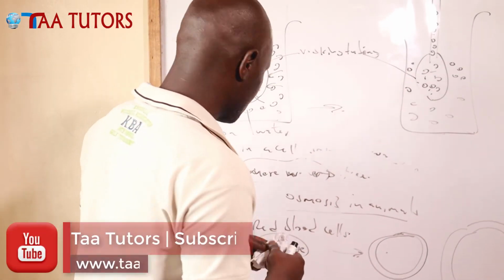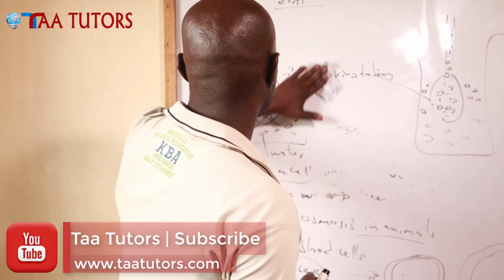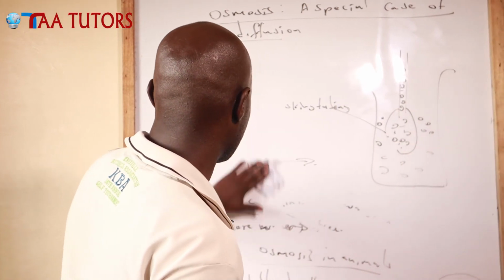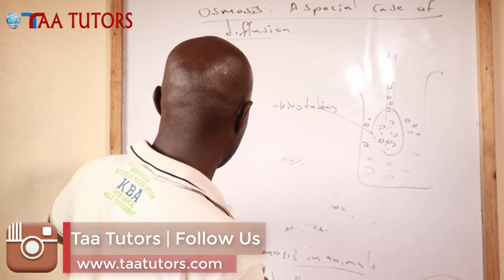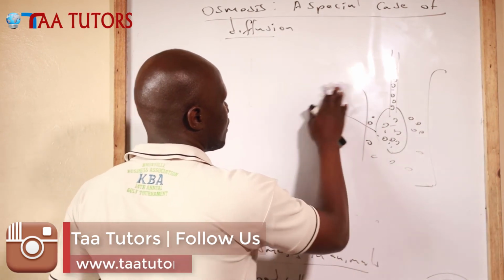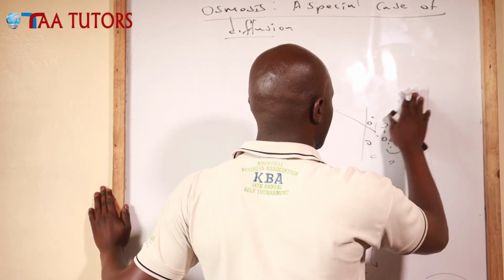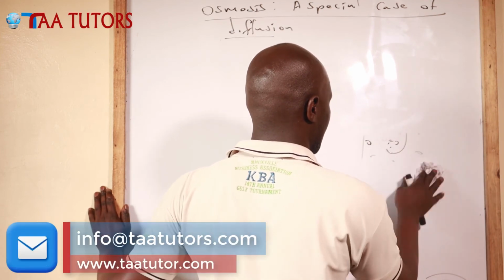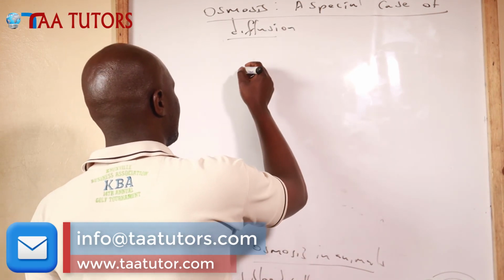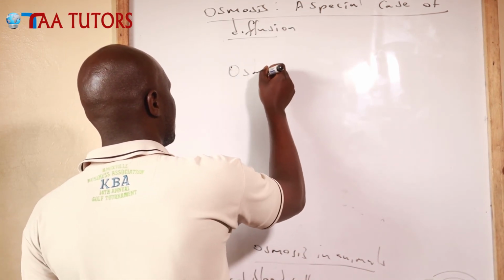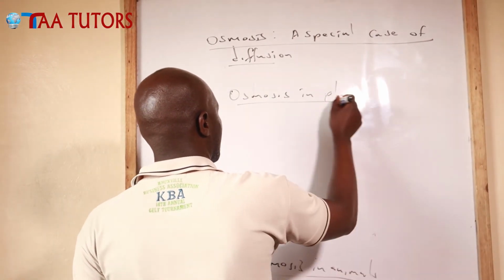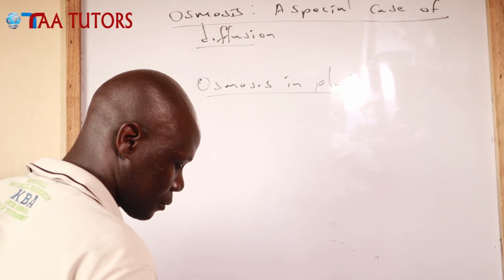Now, equally in plants, how does this one really work, or how do we retain it so that we don't have a case whereby there are no activities taking place in the plant cell? Now, I want you to note that when osmosis is taking place, the plant cell can gain water.